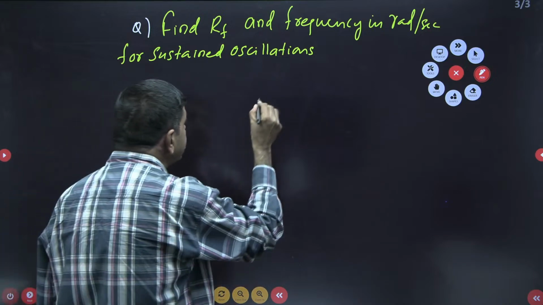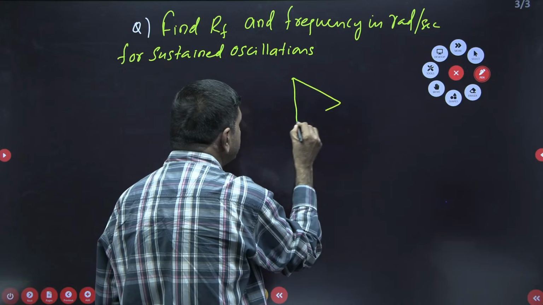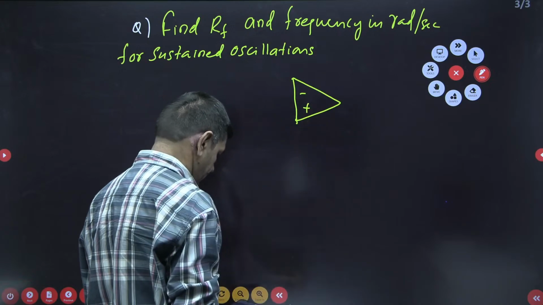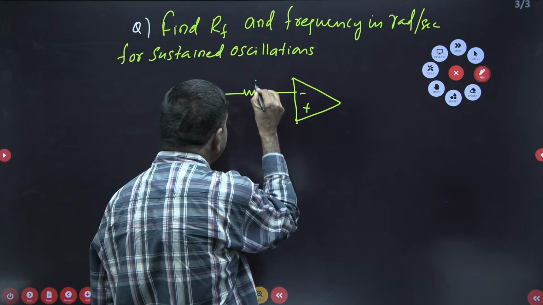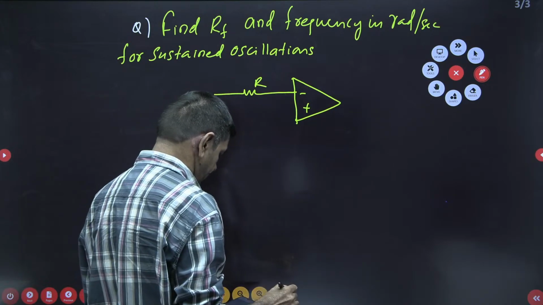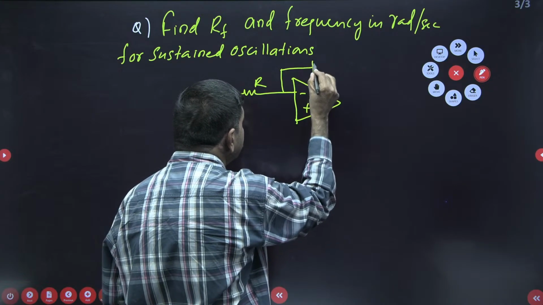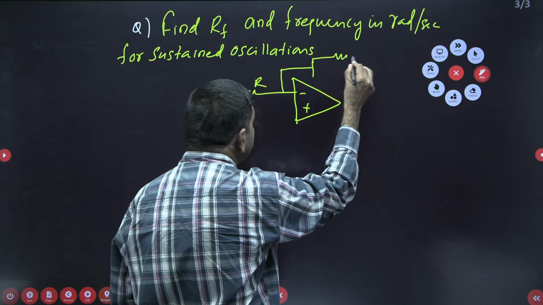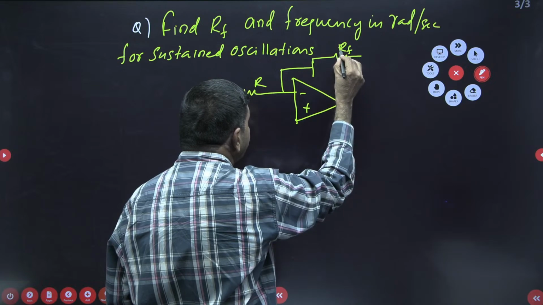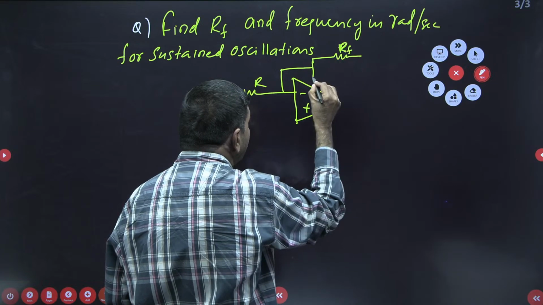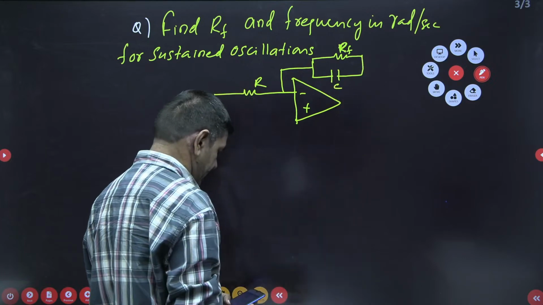And the network is given like this. There is an op-amp here connected with resistance R, and here connected with a resistance of RF, and here RF is connected, and also one capacitor is connected here.